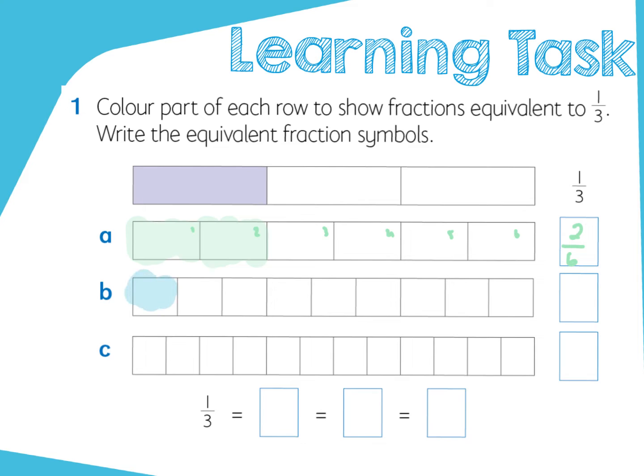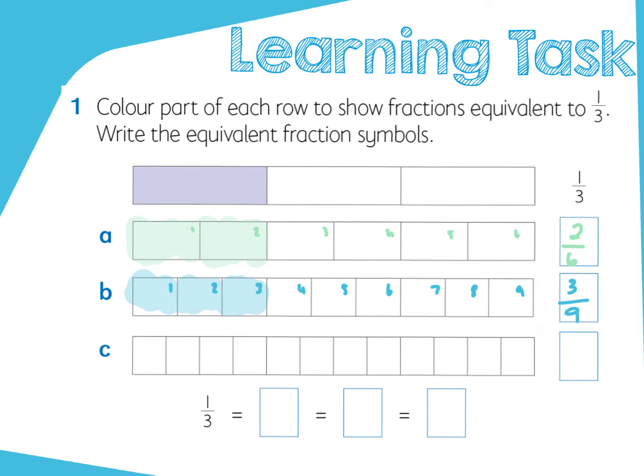The next one, when I shade that in, it's going to have to be the same. So colour that one in, that one, and that one. So this time, when you look at it, I've actually shaded in 3, and then I count them up. 1, 2, 3, 4, 5, 6, 7, 8, 9 is 3/9, okay?